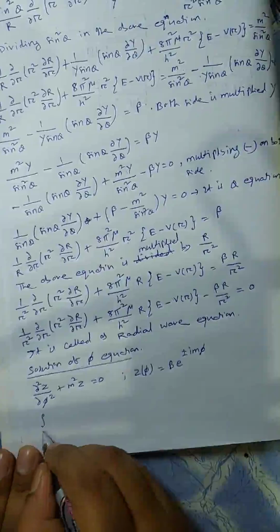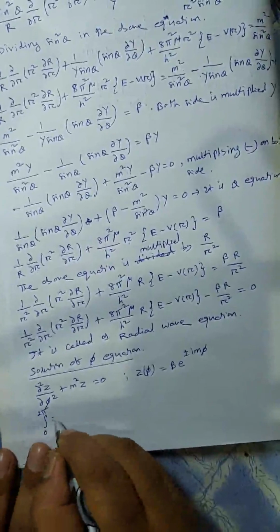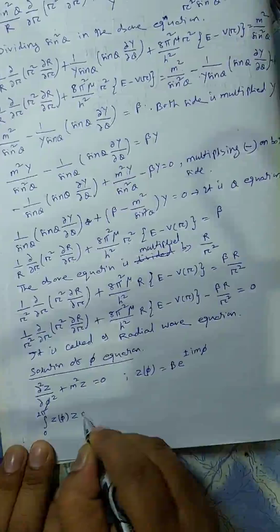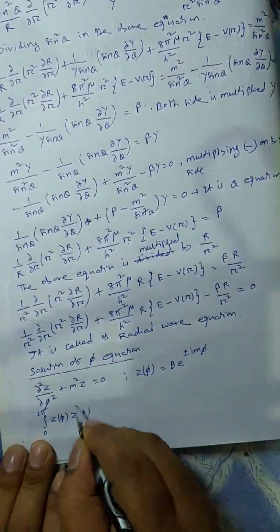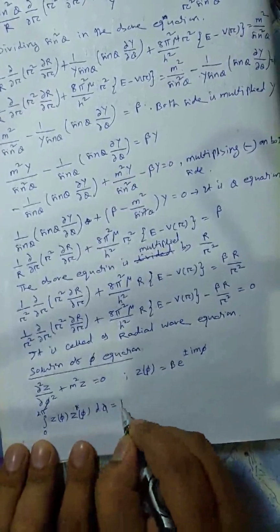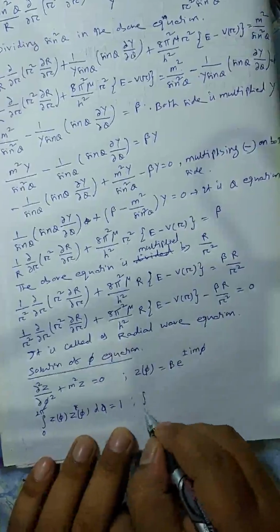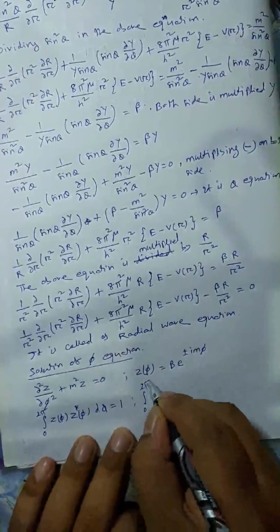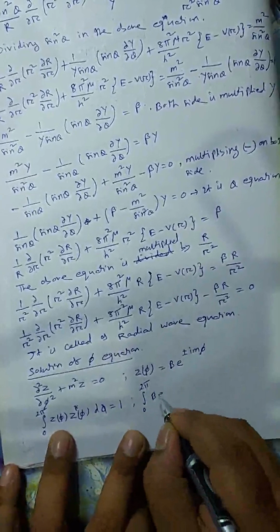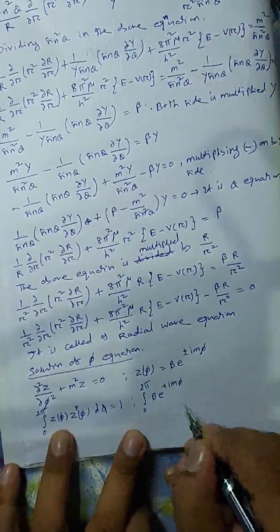Integration 0 to 2 pi, what happens? Now Z(phi) asterisk d phi is equal to 1. Then we put 0 to 2 pi. In place of Z(phi) I write B e to the power plus i m phi.